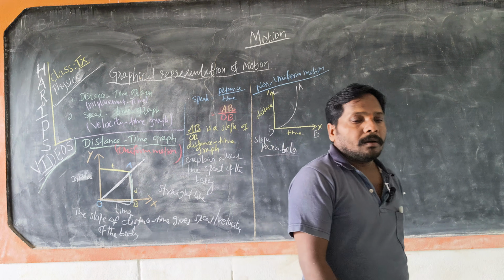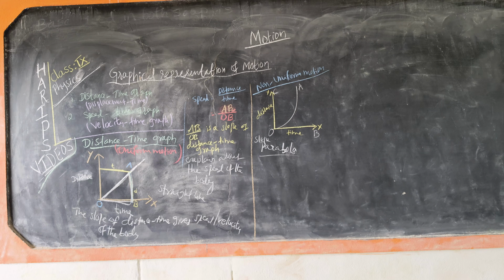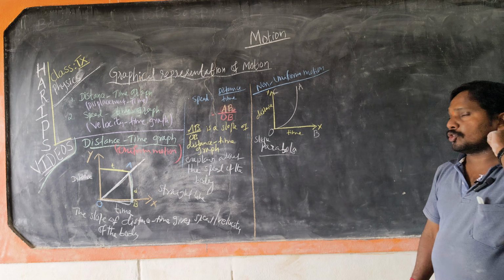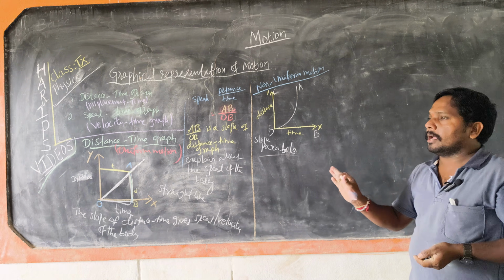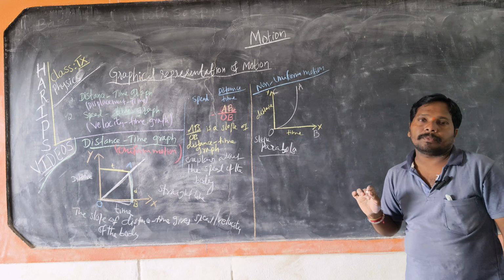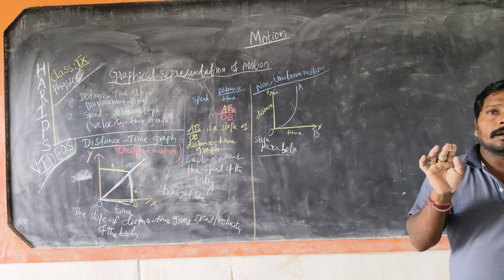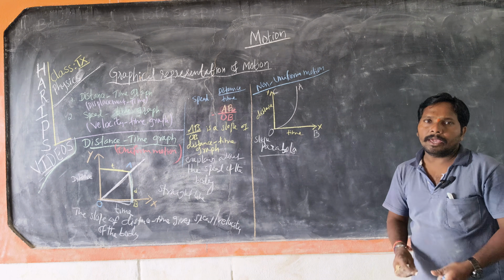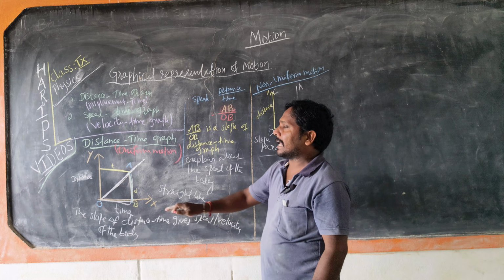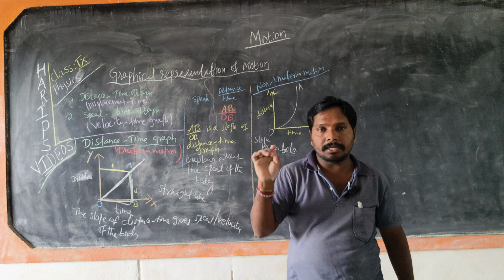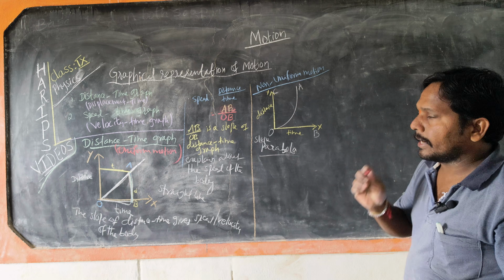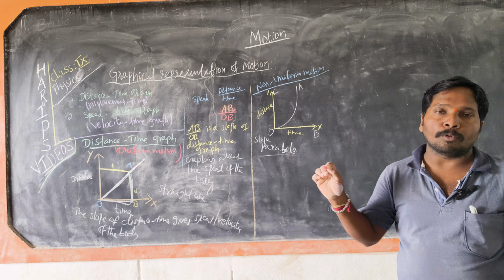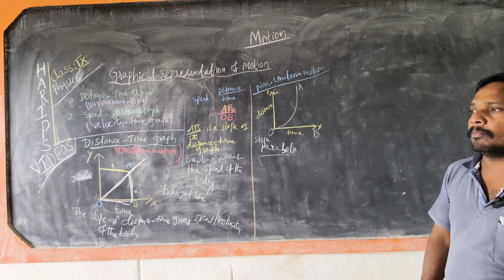Finally, based on this graph, we can understand the motion of the body. When we draw a graph between distance and time, if we get a straight line, then the body is in uniform motion.